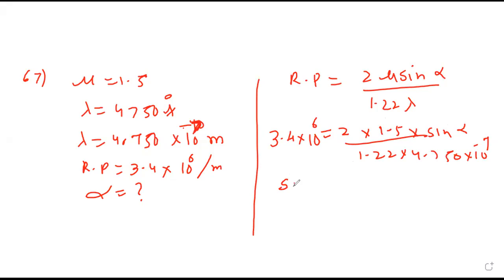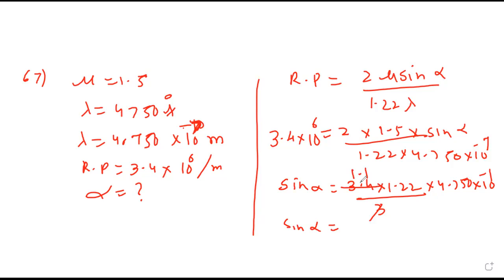So sine alpha equals 3.4 into 1.22 into 4.75 into 10 raised to minus 1, upon 2 into 1.5, which is 3. So I can cancel this.